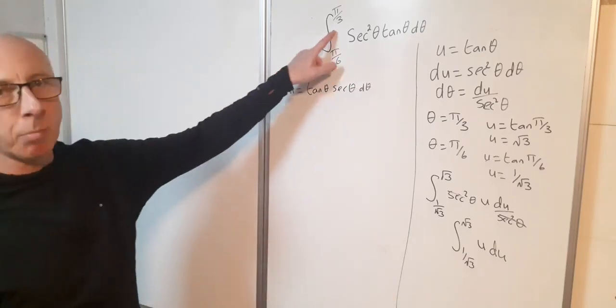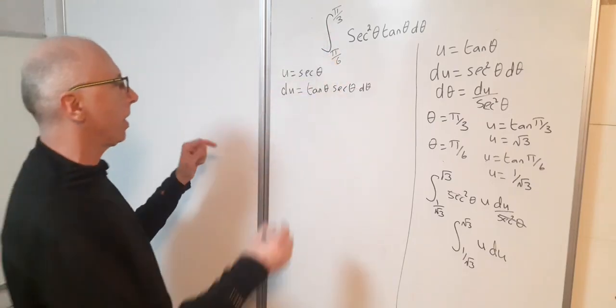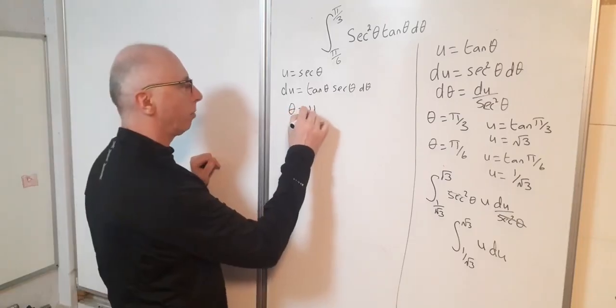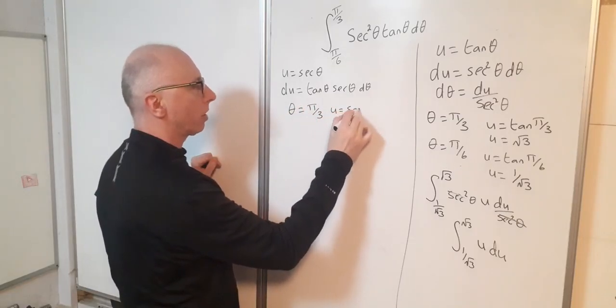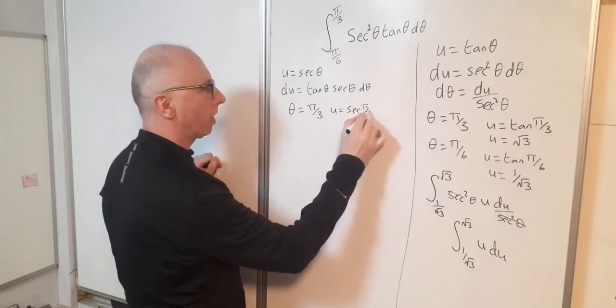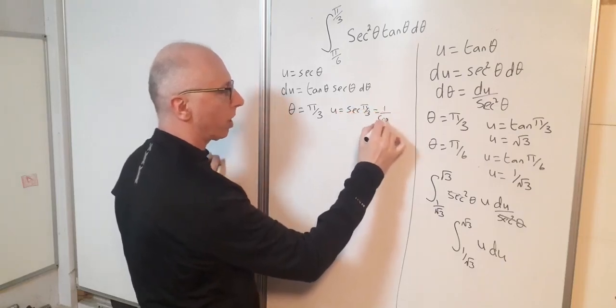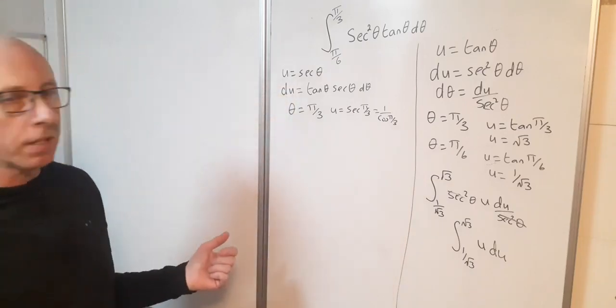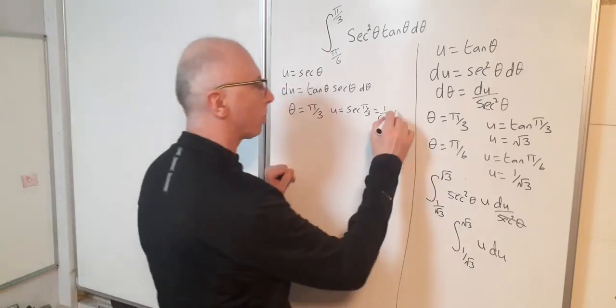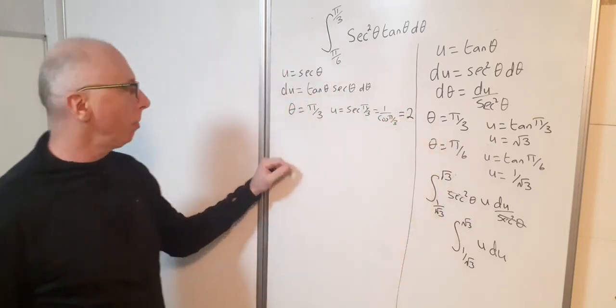And now let's look at our parameters. When theta equals pi over 3, u equals secant of pi over 3, which is the same as 1 over cosine pi over 3. Cosine of pi over 3 is a half, so this just becomes 2. So that's our upper parameter.